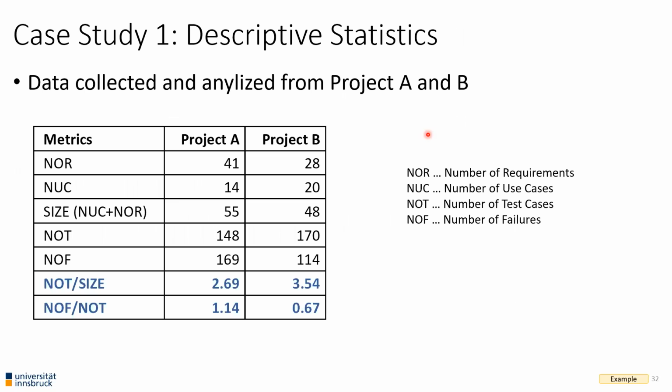So let me just give you a few examples of the types of analysis that we did in the 2 case studies. In the first case study, where we had the 2 units of analysis, we collected data from project A and project B, and we even computed metrics like the number of tests that we developed in relation to the number of use cases and requirements we had, or the number of failures that we observed per test case, and we compared them in the setting with defect taxonomies and without.